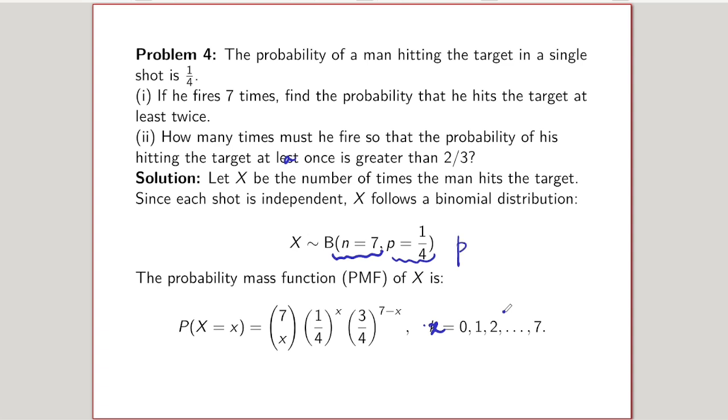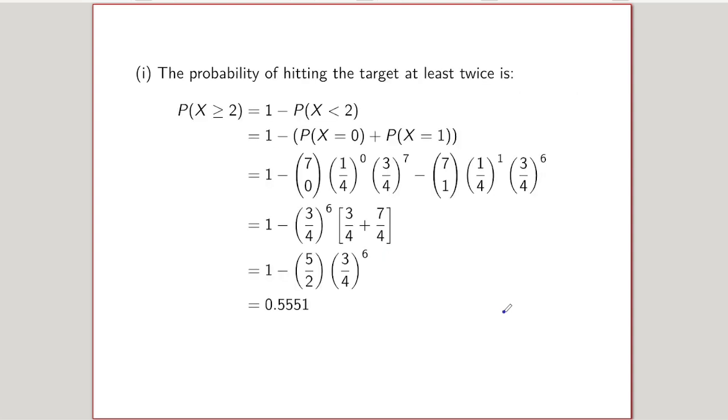And note that if the p value is 1 by 4, then we can write the q value as 1 minus p, which is 1 minus 1 by 4, equal to 3 by 4. And next, the probability of hitting the target at least twice means X is greater than or equal to 2, and we are going to add the values starting from 2 up to 7.